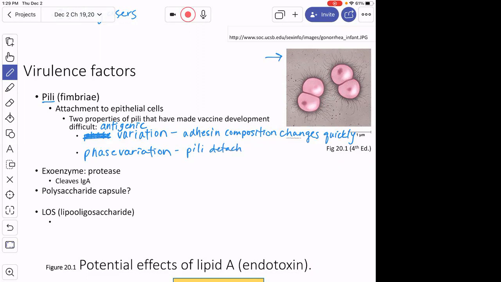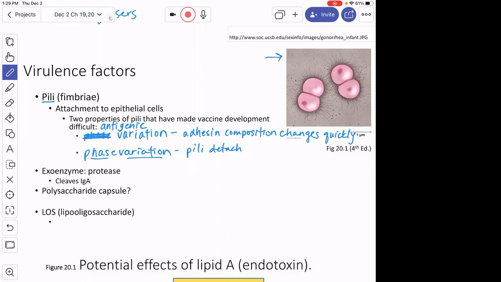Okay, so they have a mechanism. So once the pili are made and then they change and start making new ones, they detach the old ones. All right, so due to both of these mechanisms, again, antigenic variation and phase variation, our immune system's constantly trying to keep up, and the infection persists. We need antibiotics to get rid of this.